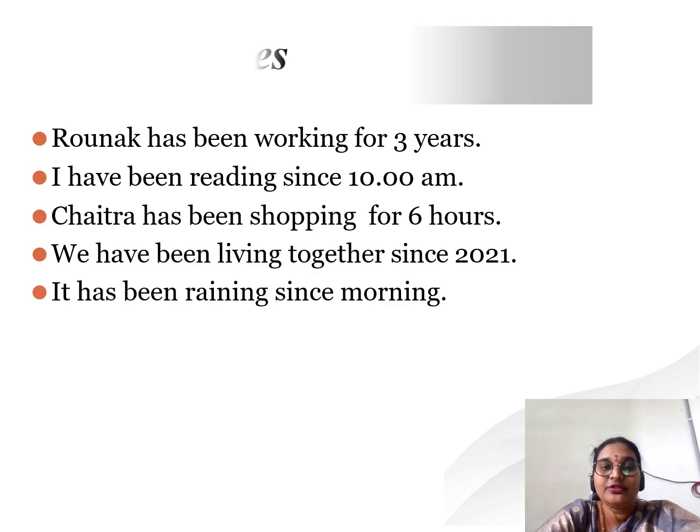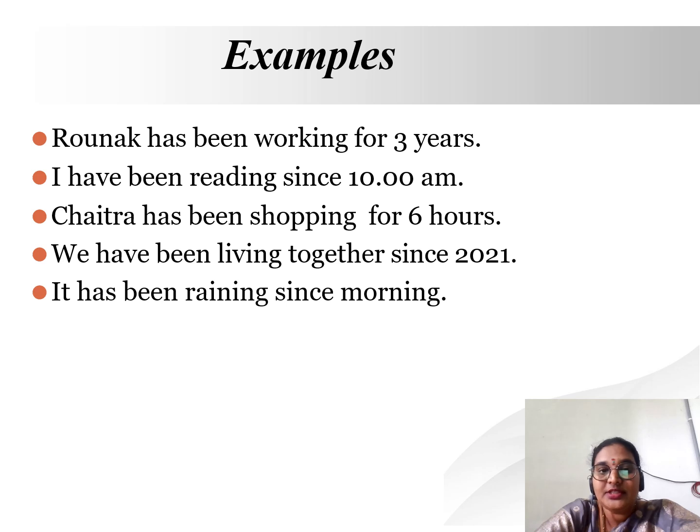So the structure of present perfect continuous tense is subject plus have or has plus been plus v1 plus ing form plus object. So if you can take the examples over here, Raunak has been working for 3 years, and I have been reading since 10 a.m. and Chaitra has been shopping for 6 hours.